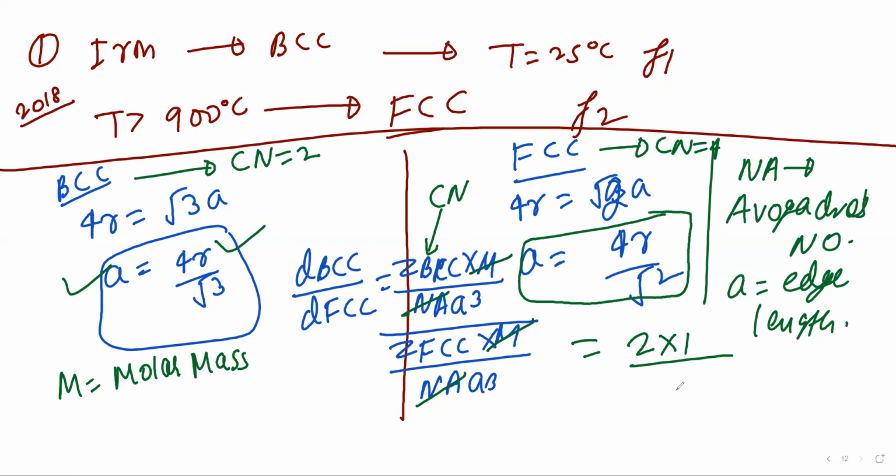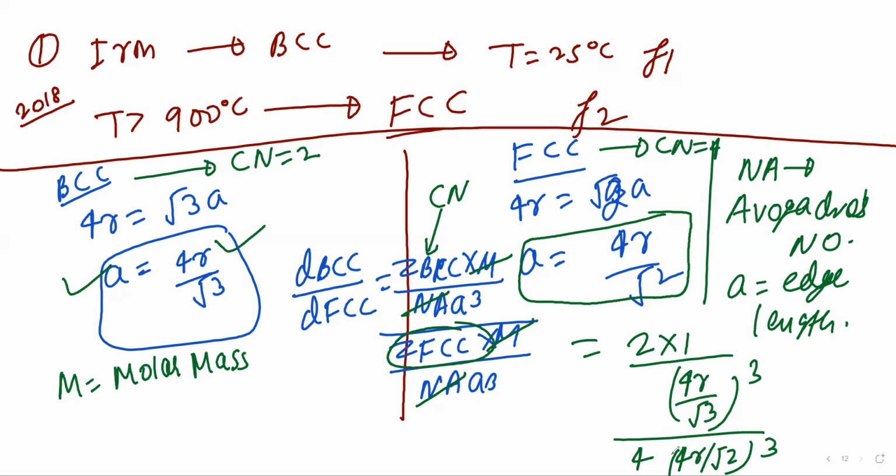So it will be 4r by root 3 whole cube divided by 4r by root 2 whole cube, right? So please simplify this one.